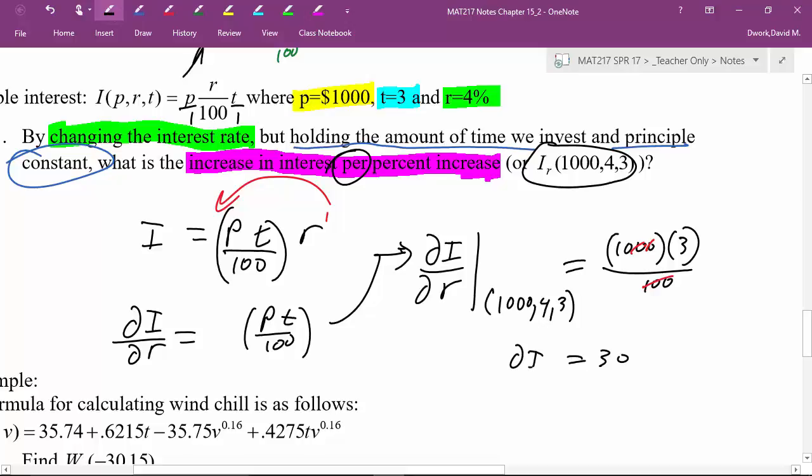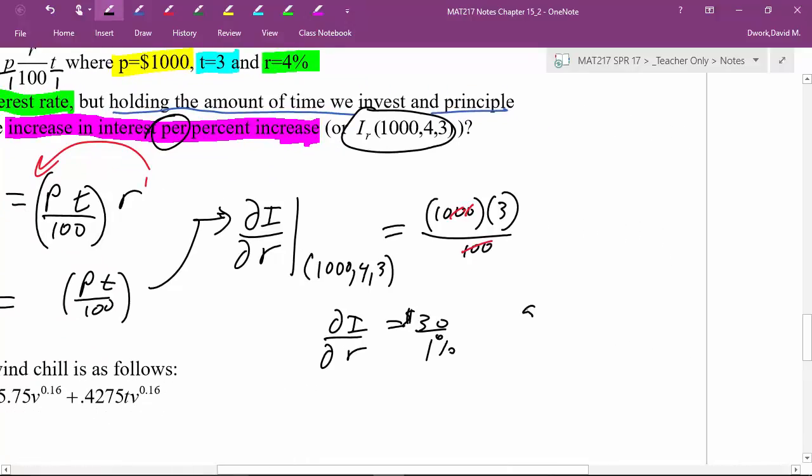So now let's interpret. This is the key. I kind of said it already, but let's make sure we got the whole thing. Interpretation. Think about your units. This is treated like a fraction, and your numerator units will match the numerator. Your denominator units will match the denominator. So what are the units on interest? Well, that's dollars. What are the units on the rate? That's percent. So what is the answer to this? I'm going to write it out.